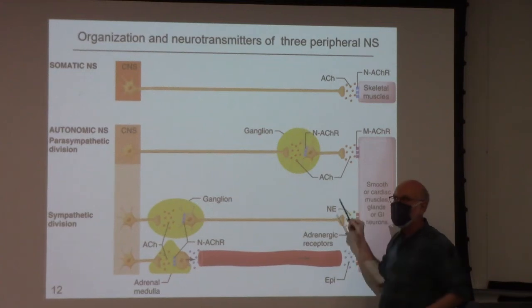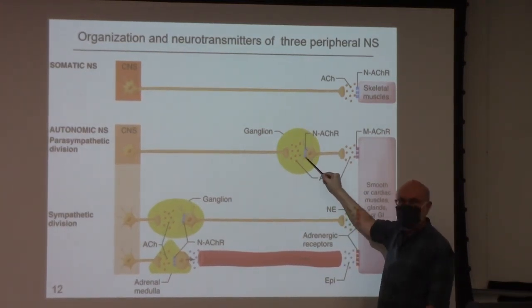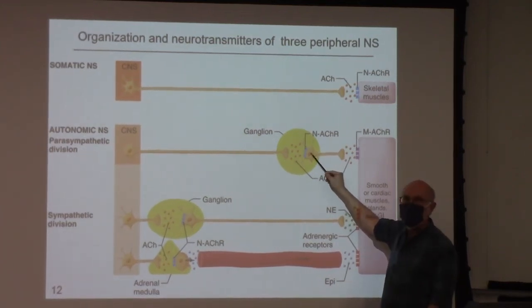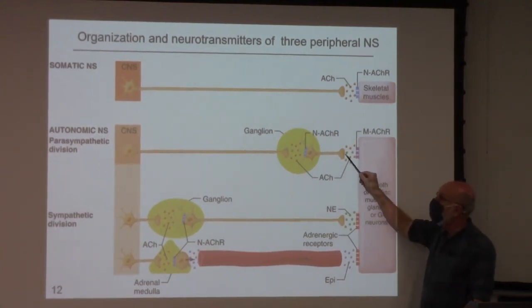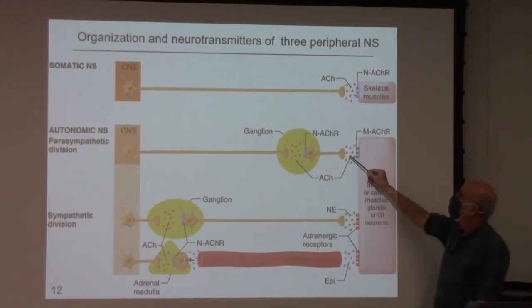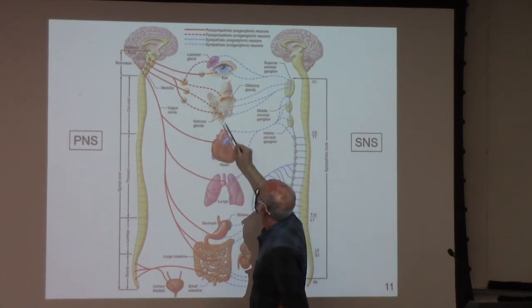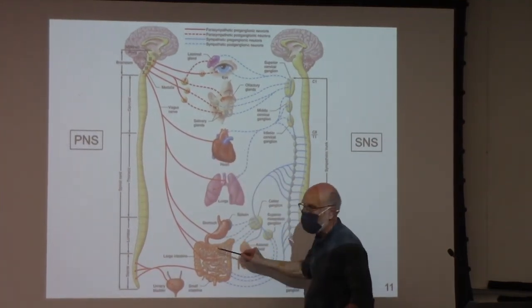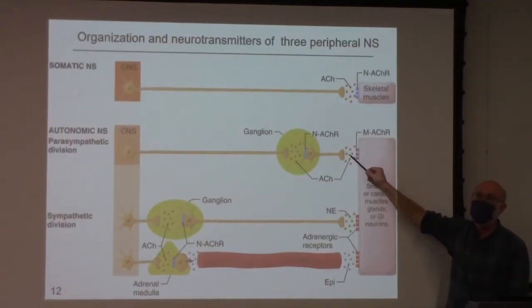Okay? So excitation here, action potentials, release of neurotransmitter, all that stuff we've talked about. The neurotransmitter that is released here is acetylcholine. Nicotinic receptors, depolarization, action potentials in the second neuron. Action potentials, neurotransmitter release. The second neuron releases acetylcholine.